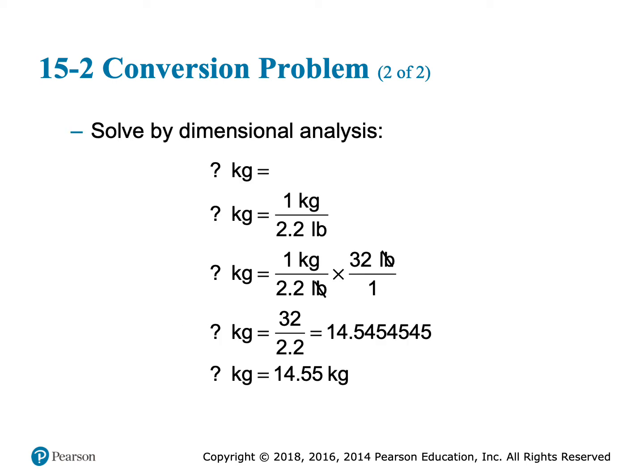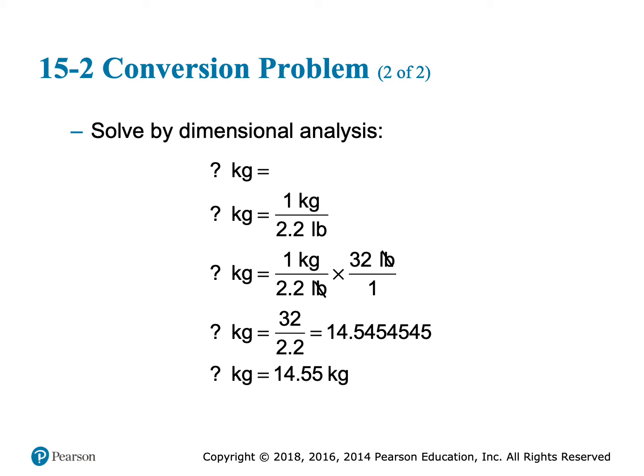So let's look at how we might solve that via dimensional analysis. What are we looking for? We're looking for kilograms. So we're going to set what we're looking for on one side of the equation. They did it here on the left. How many kilograms? And then our first fraction is going to be our kilograms to pounds ratio.